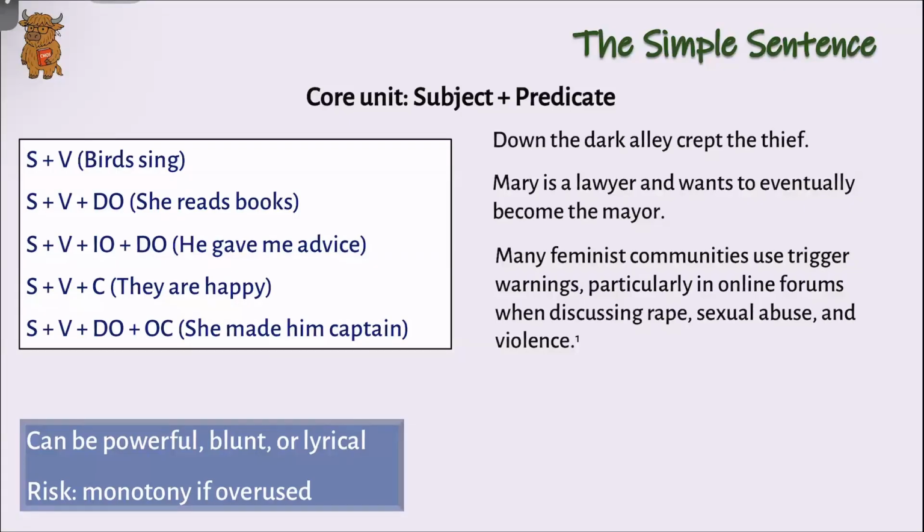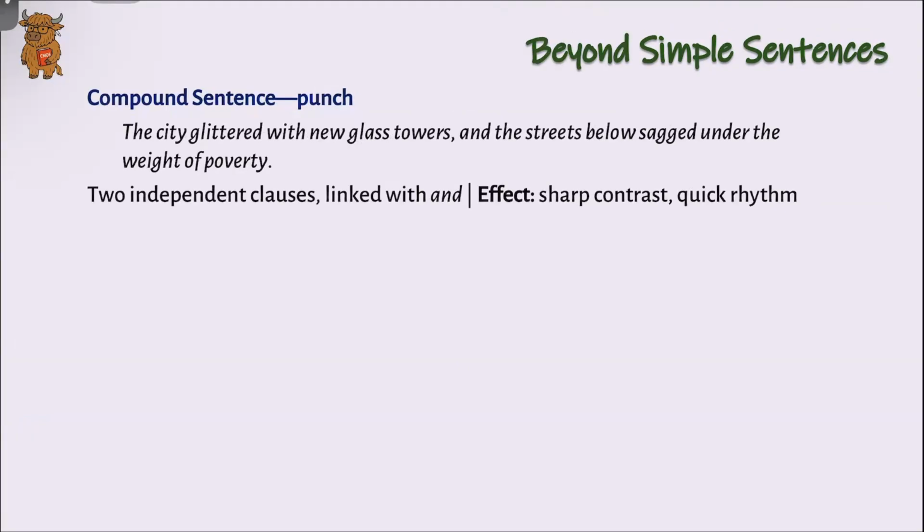If you want to analyze some amazing literature, the book of Job is probably one of the top 5 classically. You could analyze that in a grad class for English. It's just amazing. Anyway, beyond simple sentences, we've got 3 types of complex sentences.